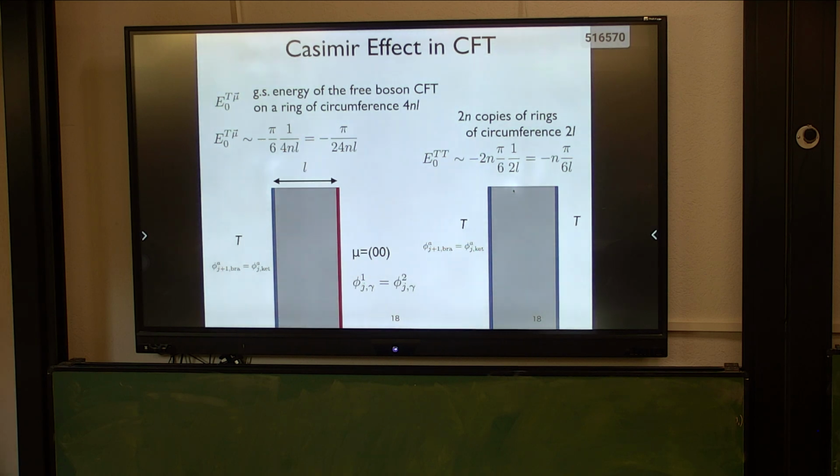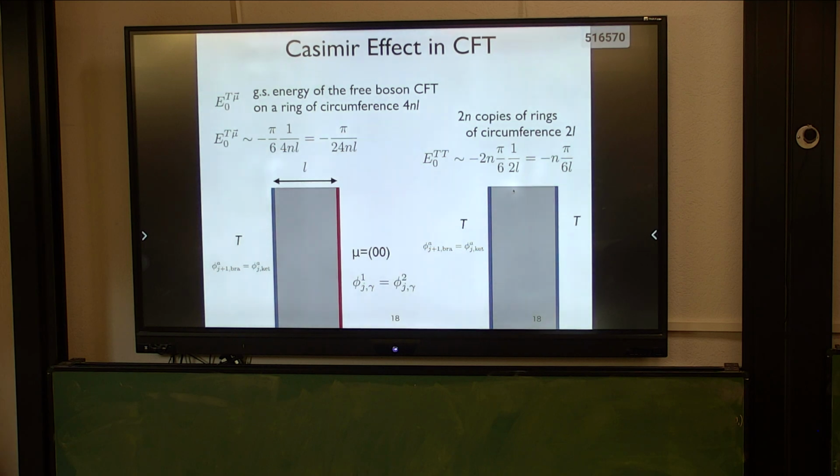And on the right, if you impose TT, then it's closed within each replica and each chain, 1 and 2.